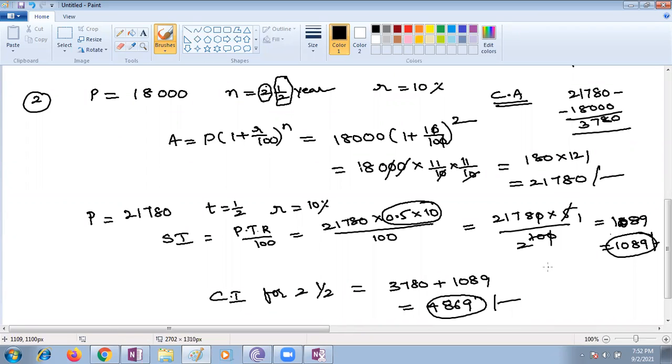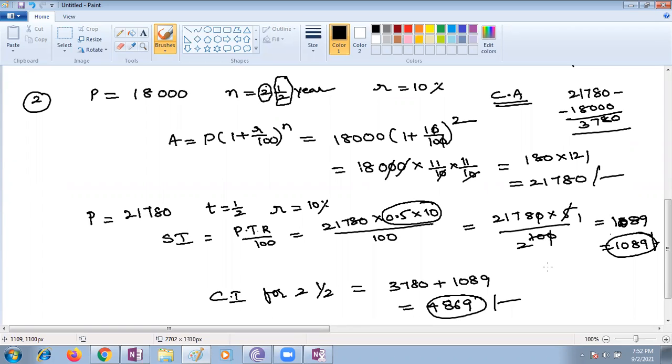Ma'am, after the 11 into 11 step, you wrote 180 into 12. Could you tell me where it came from? 180 multiplied with 121, I directly wrote that. I thought it was 12. Okay, thank you. The rate of interest is 10%, so it's 11 by 10.